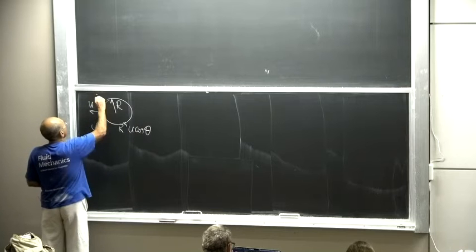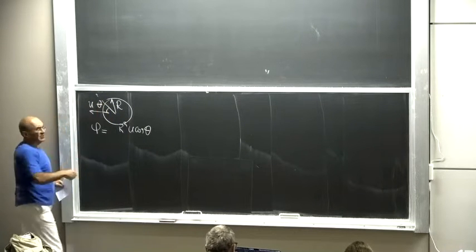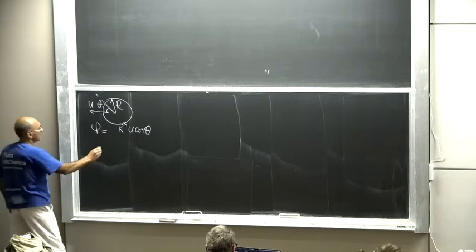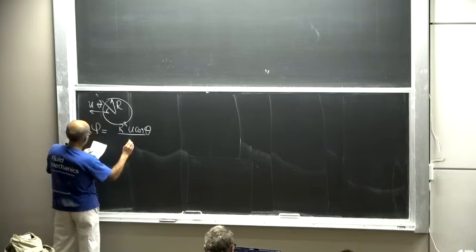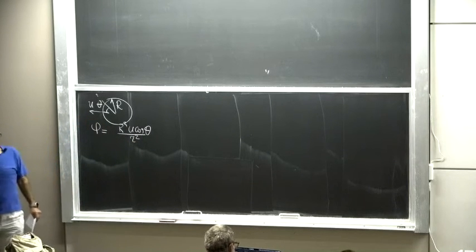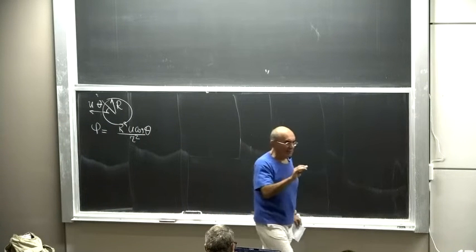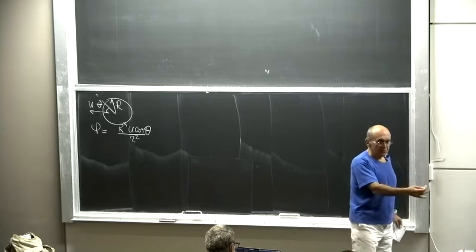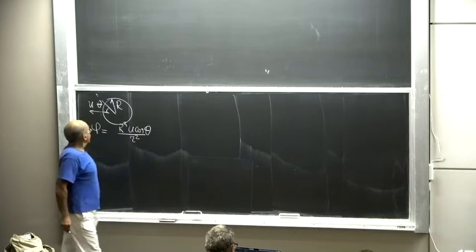If we are at some point, then theta is this angle. I intentionally rewrite it now in the simplest form. It's a dipole flow. So potential decays like 1 over r squared. It's electrostatics all over again. So velocity would decay as 1 over r cubed, like an electric field of this flow.